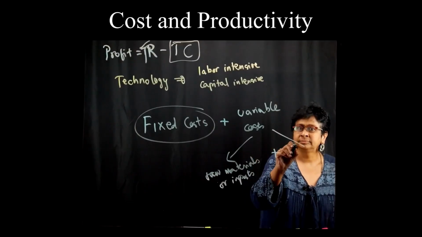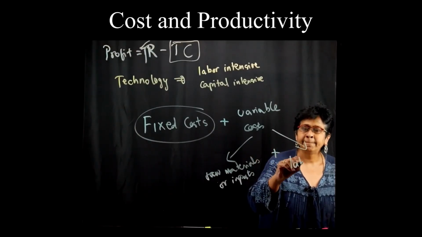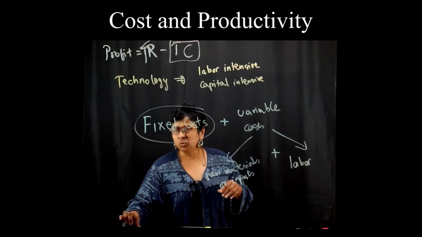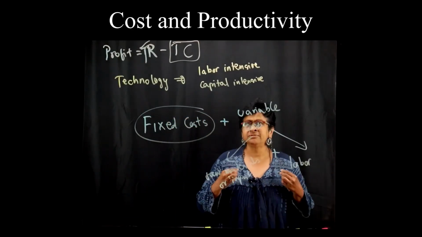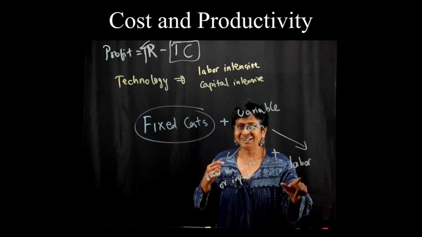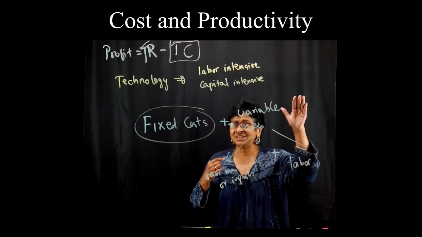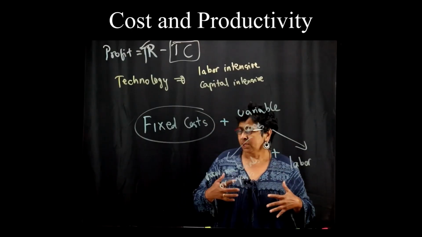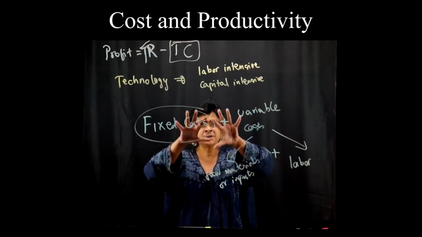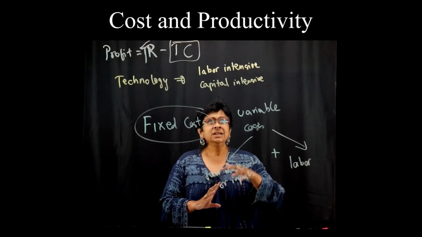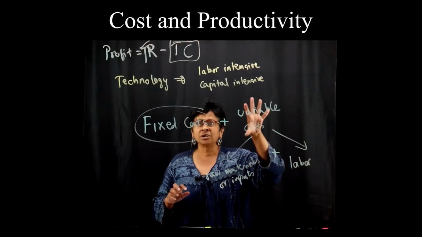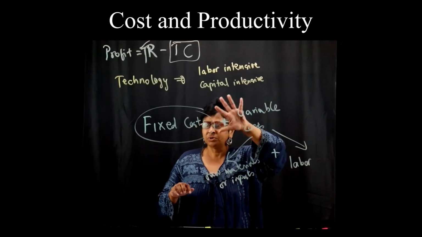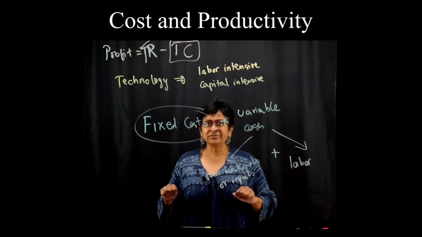Plus labor. In most cases, the single most important variable cost that any firm faces is labor. Labor is the thing that often varies: you produce more, you hire more; you produce less, you lay people off, and so on. So when we think about how a firm is making these decisions, it's really thinking about fixed costs, variable costs, input costs, and how much it should produce based on those kinds of ideas.